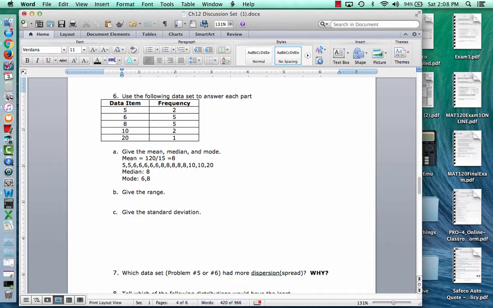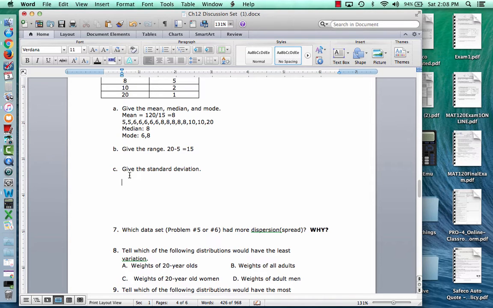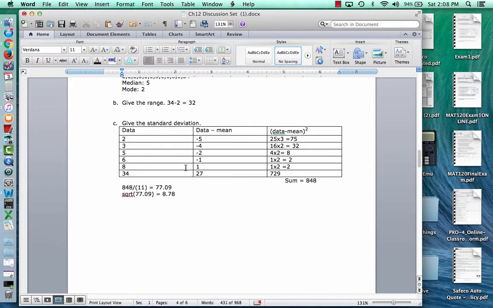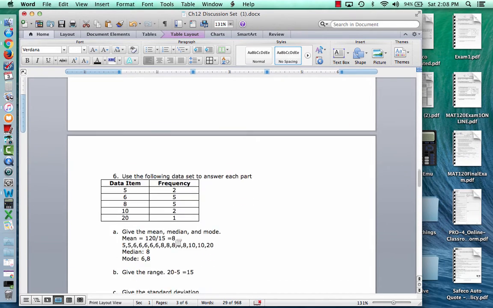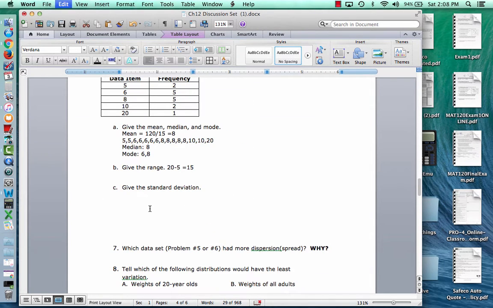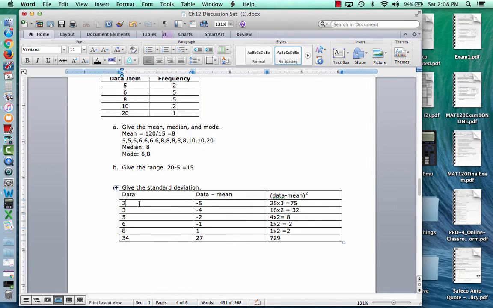The range would be the largest data value, which is 20, minus the smallest data value, which is 5, so the range is 15. And then give the standard deviation. Let me copy this table here. And the data items are 5, 6, 8, 10, 20.